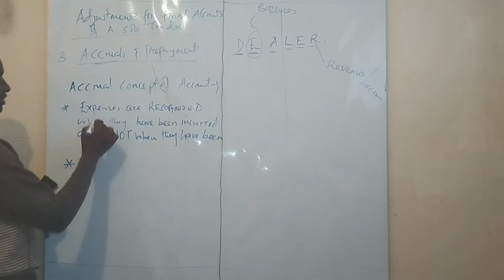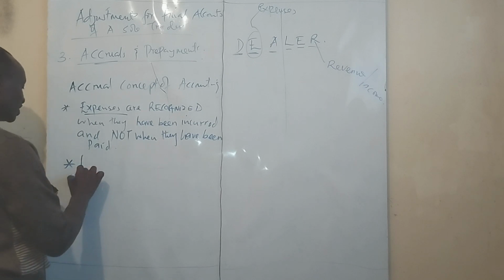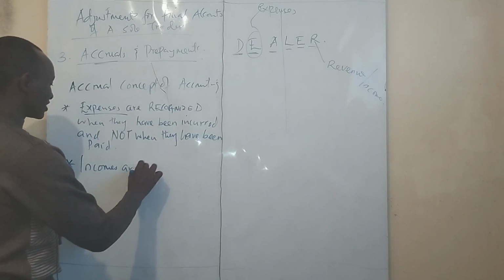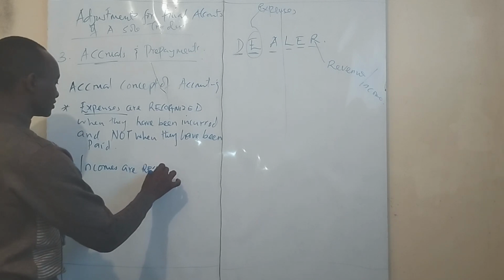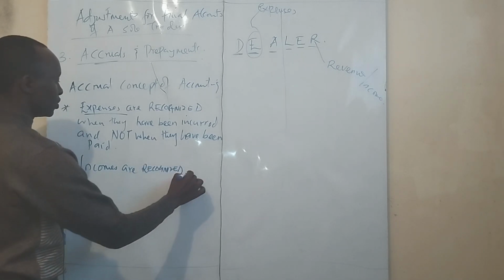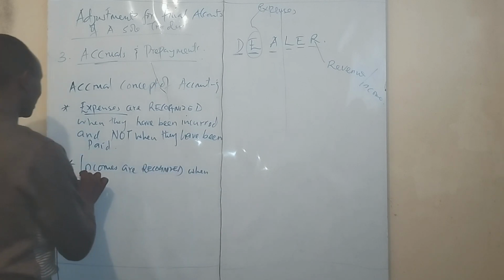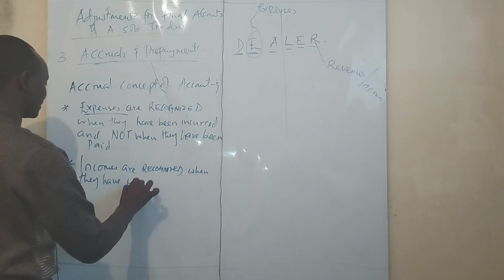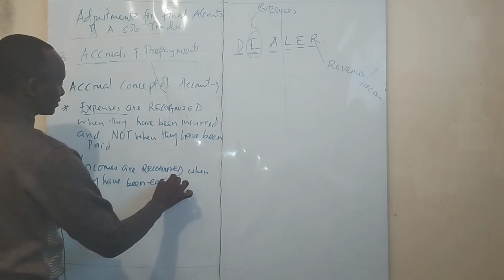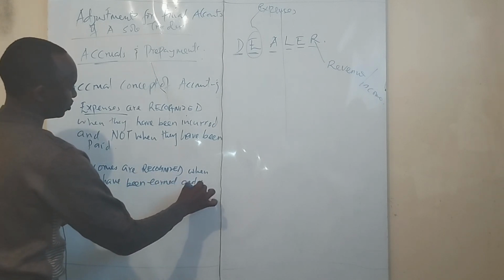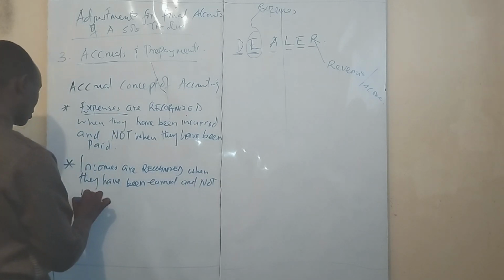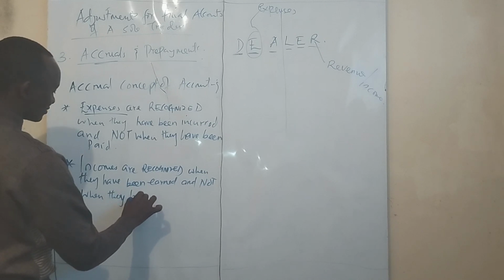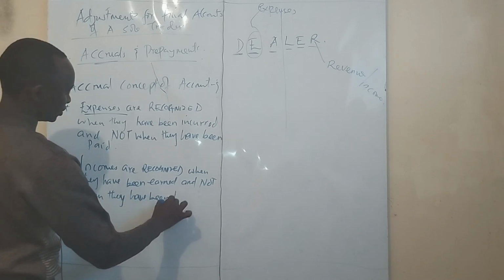And then again, this is for expenses. So for incomes are recognized when they have been earned, and not when they have been received.